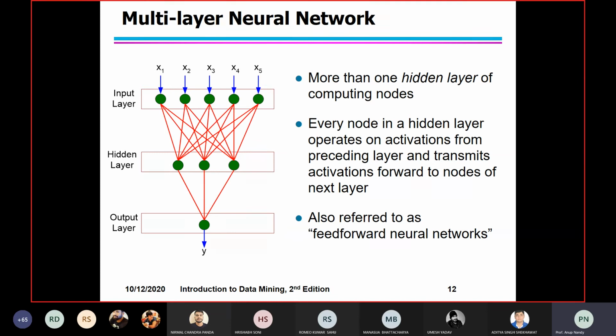In a multi-layer perceptron, every node in the hidden layer operates on an activation function, which I already explained, from the preceding layer, and it transmits the activation forward to the nodes in the next layer. So it is also known as a feed-forward neural network.